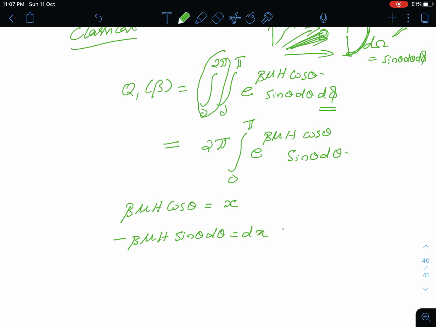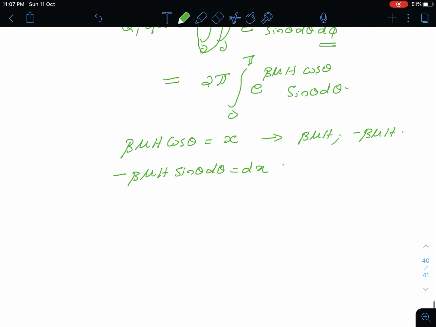Now if theta is equal to 0, then cos 0 is 1, so x is equal to beta mu h. When theta is equal to pi, cos theta is equal to minus 1, so x is equal to minus beta mu h.